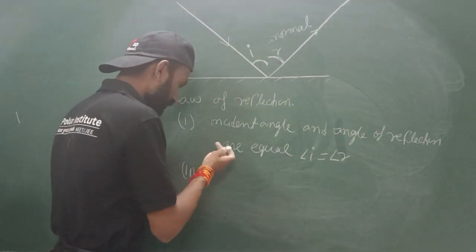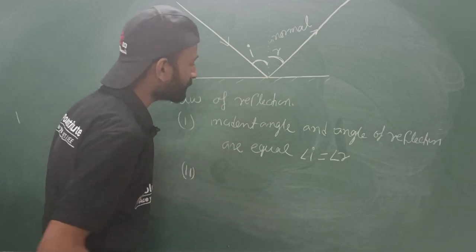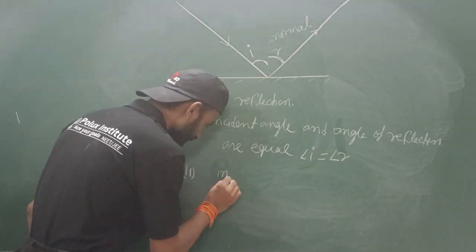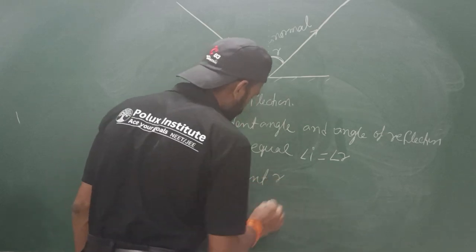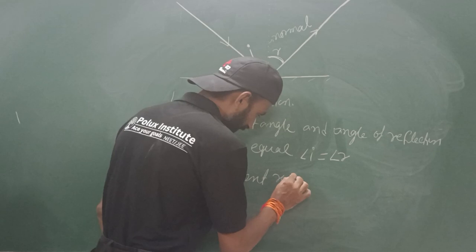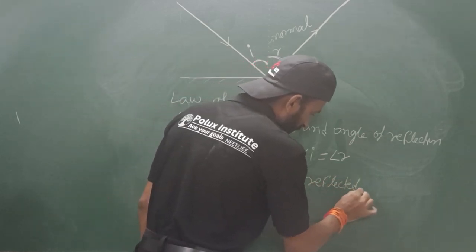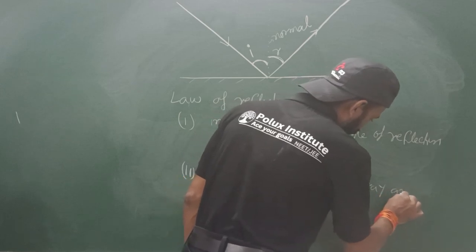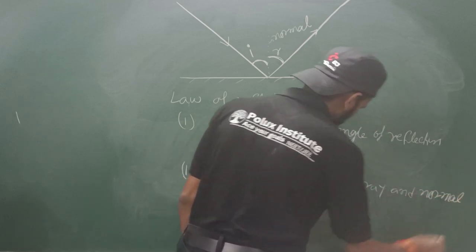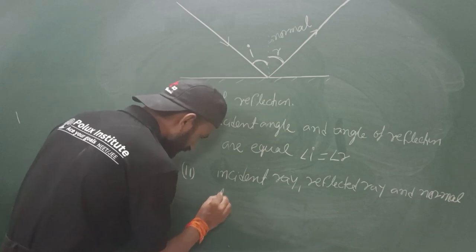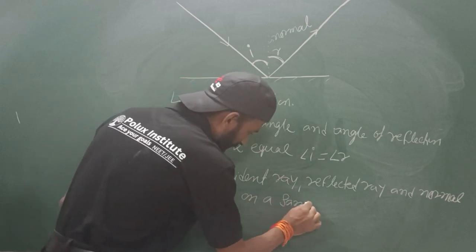So the second law is that the incident ray, reflected ray, and normal lie on the same plane.